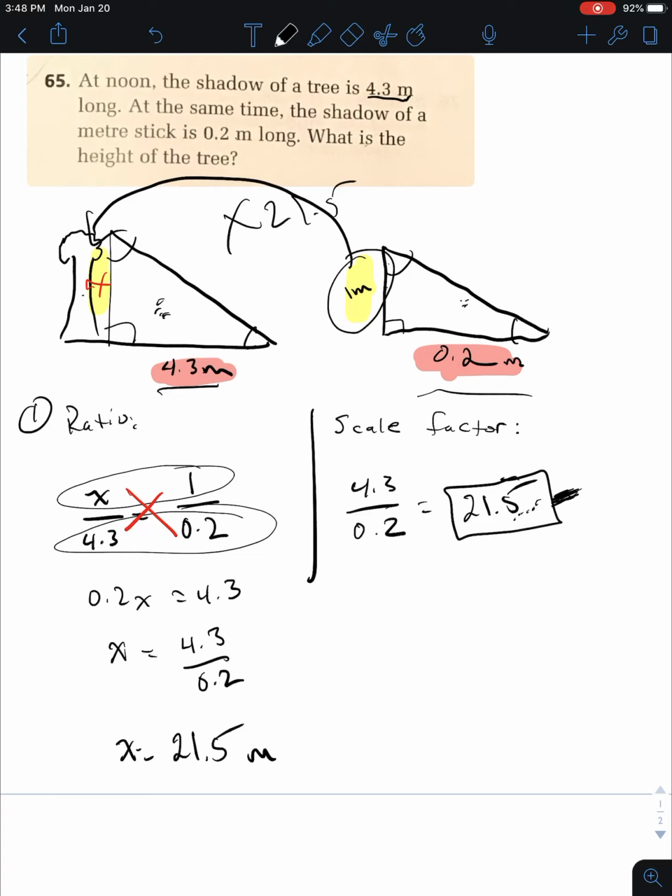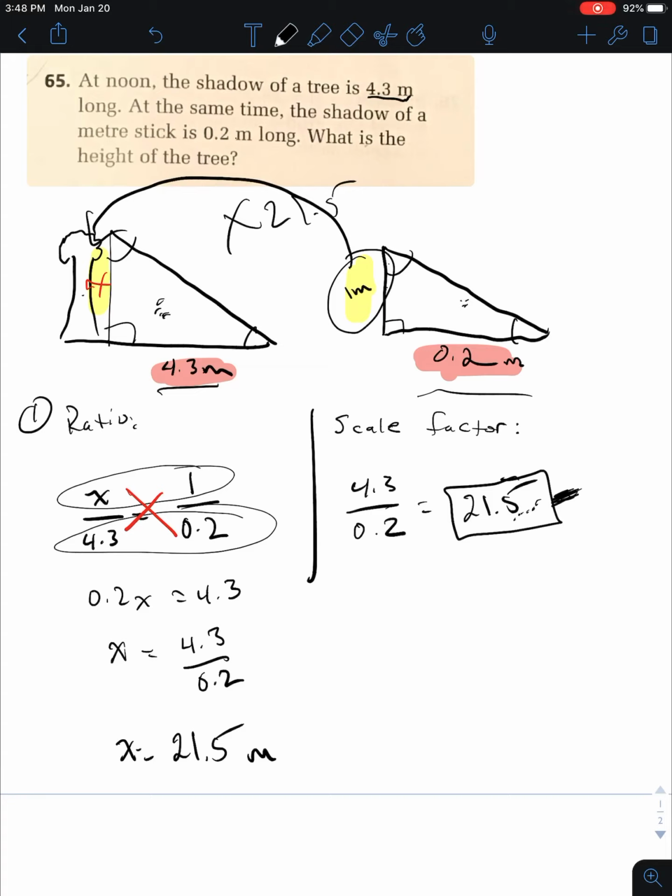This is an easy question because you used the meter stick. If, let's say, I didn't use the meter stick, but you decided to go outside and stand beside the tree, right? Well, you know how tall you are. It's not 1 meter or 2 meters right on. It's probably like 1.65 or something, right?